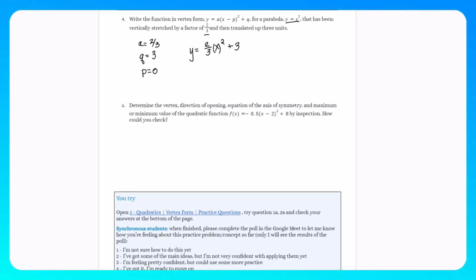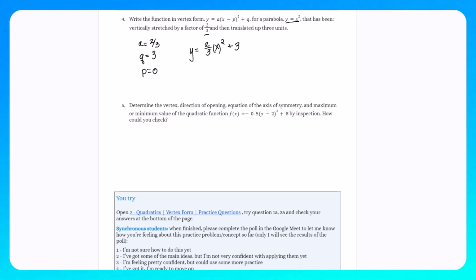Let's look at number 5. Determine the vertex, direction of opening, equation of the axis of symmetry, maximum or minimum value of the quadratic function f of x equals -0.5 (x minus 2) squared plus 8 by inspection. And how could we check? Well, we know the vertex is p and q.